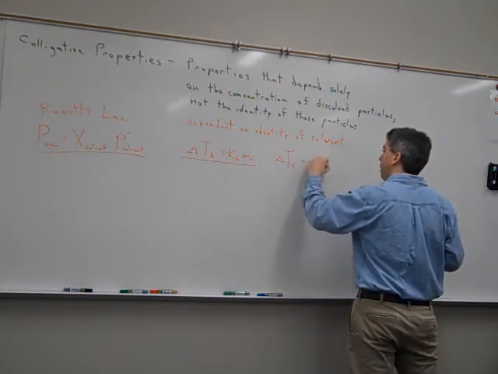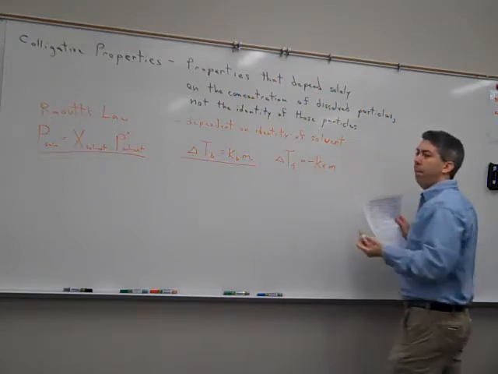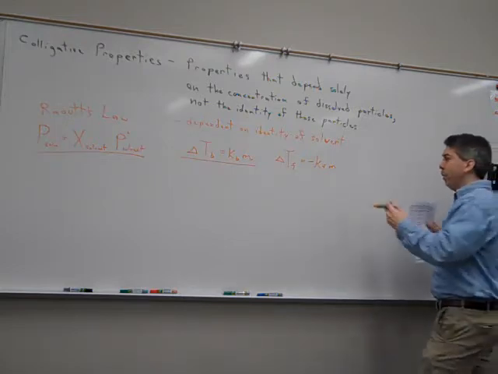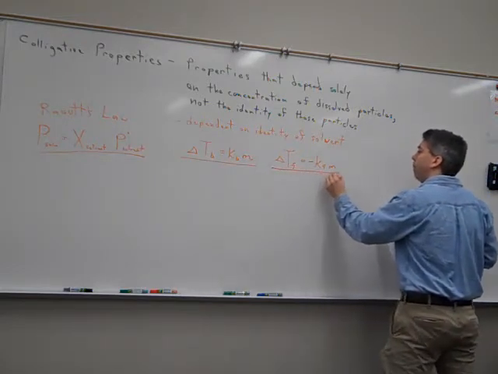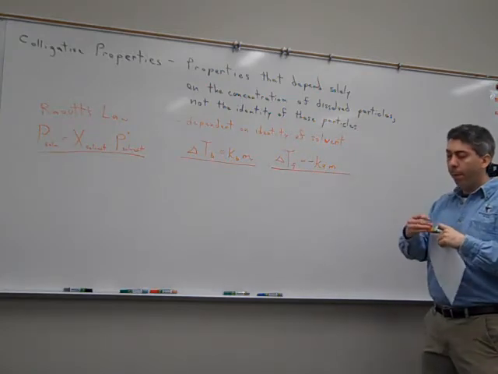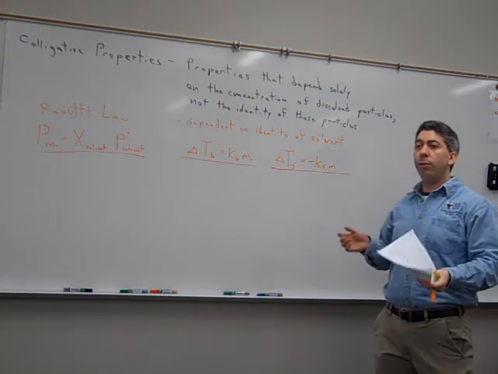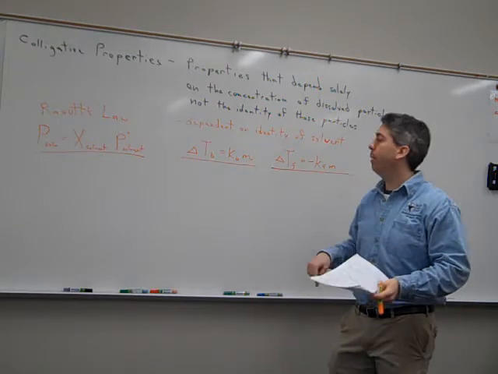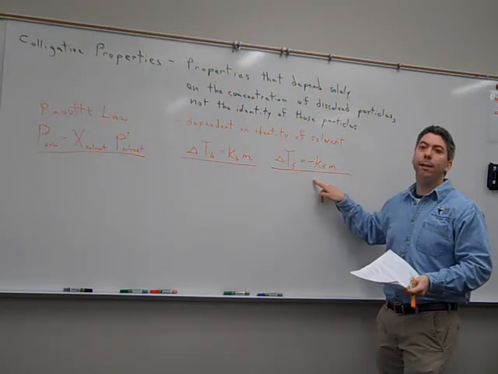Sometimes they have a negative K_F m, sometimes a positive K_F m. But it's more proper to speak of the change in freezing point as negative K_F m mathematically, because when you add salt to a solution, the freezing point goes down, not up. So the change should be negative.